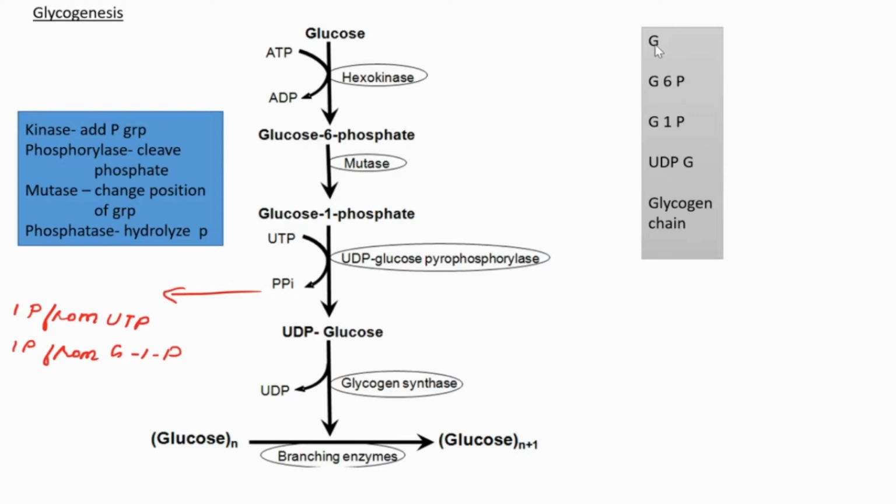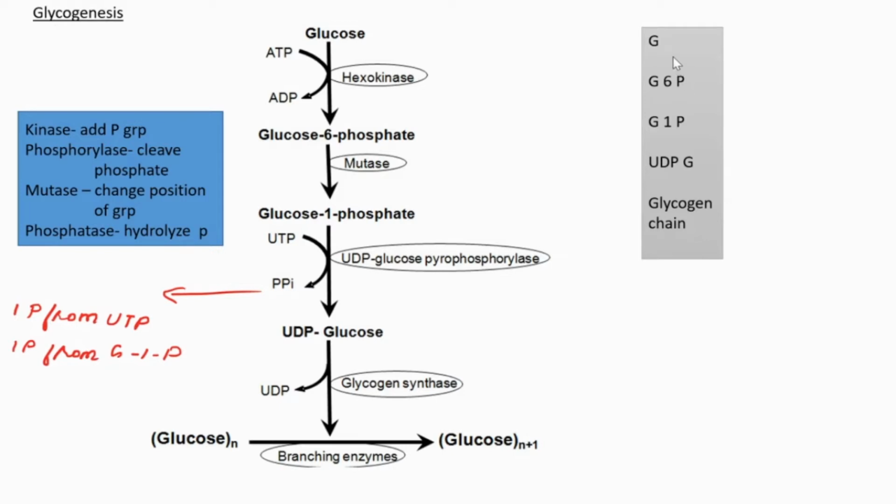G here is glucose, then the next substrate in that pathway is glucose 6 phosphate. Glucose 6 phosphate again becomes glucose 1 phosphate. It's very easy to remember. Then glucose 1 phosphate becomes UDP glucose, then the glycogen chain. These are the main steps going on in glycogenesis.